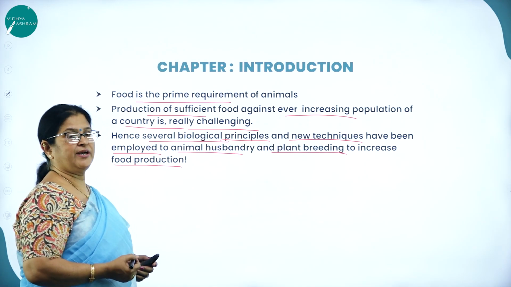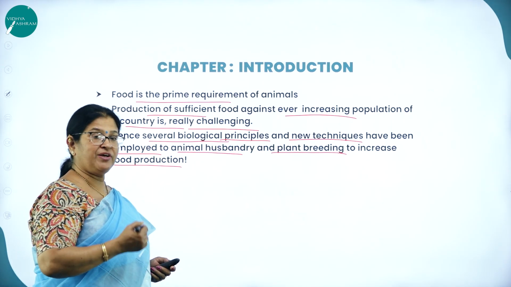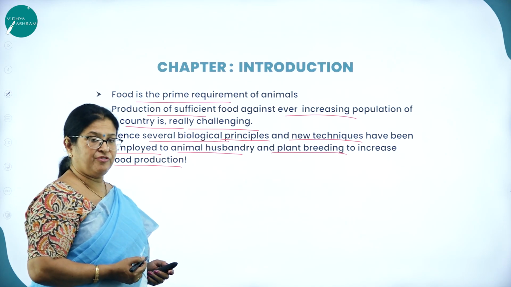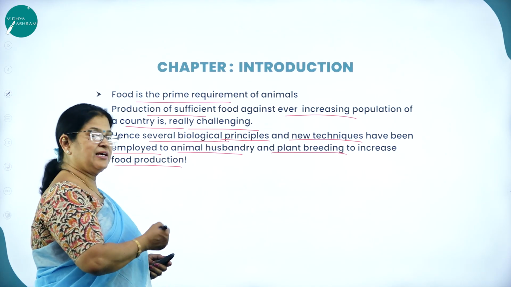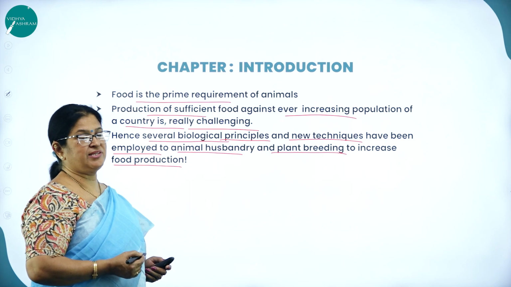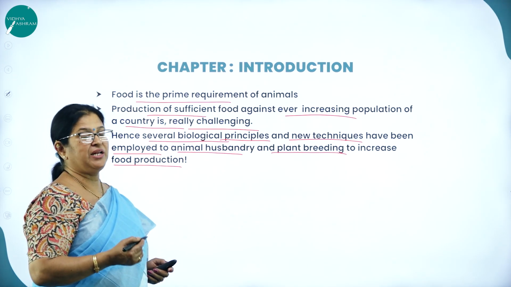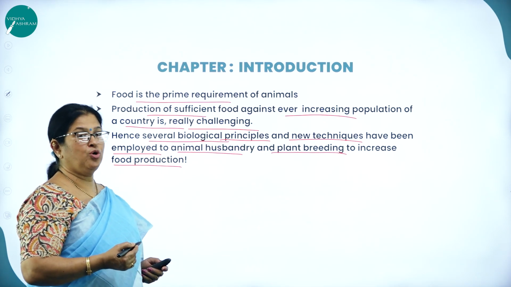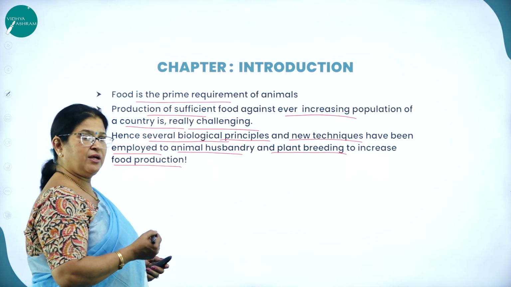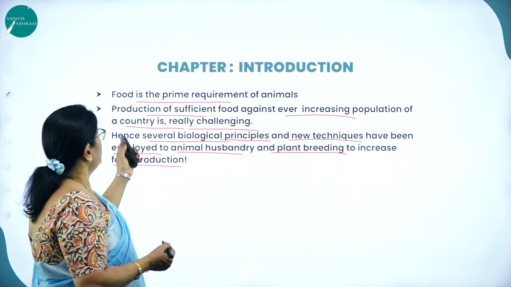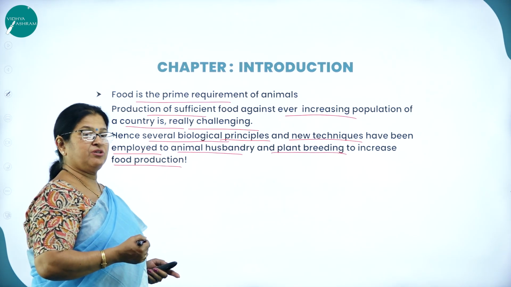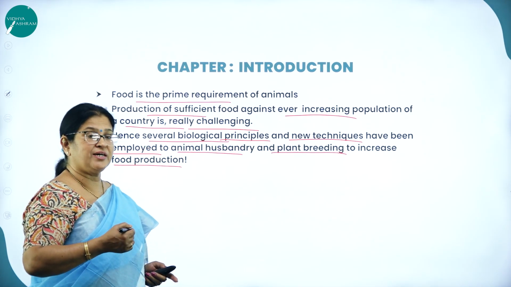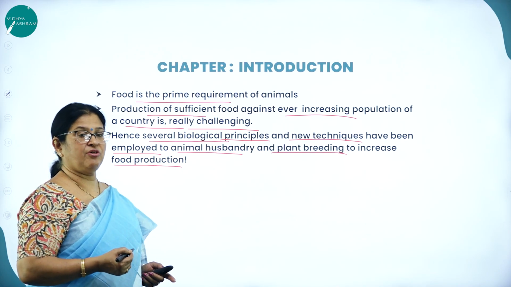Animal husbandry is a very important means of food production, an agricultural technique of breeding and raising livestock like cow, buffalo, pigs, sheep, goat, etc., for their products.